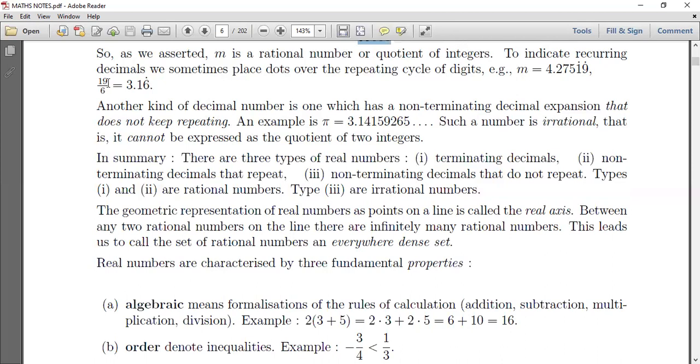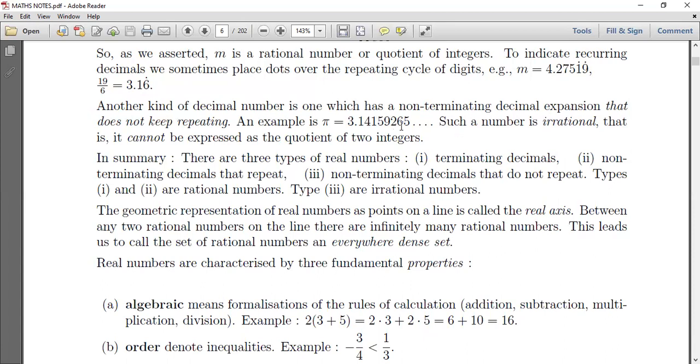Like for example, 19 over 6, I can write it as 3,16 with a dot on top of 16. If you punch 19 over 6, you see that it is 3,1666. So the dot is placed on top of a number which is repeating itself. The same thing, the M above, instead of writing it as 1919, I can just put 19 and the dot on top of 19 here, showing that these 19 are repeating itself.